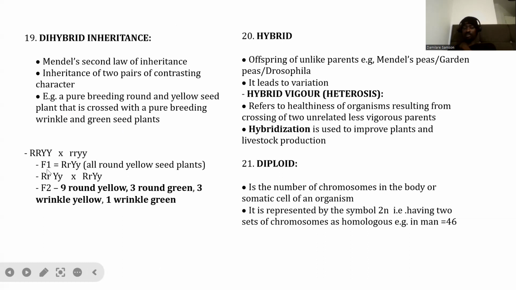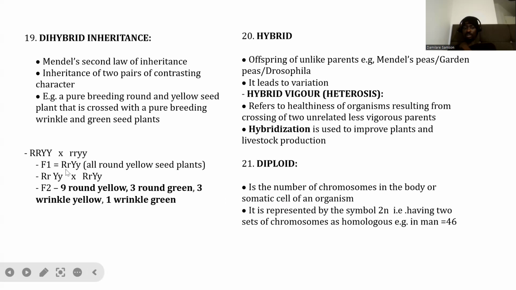So at the end of the F1 generation, we are going to have the mixture. I'll still explain it like I've earlier told you, so you'll be able to understand the concept better. So capital R, small r, capital Y, small y.